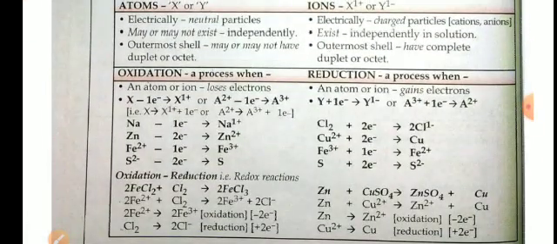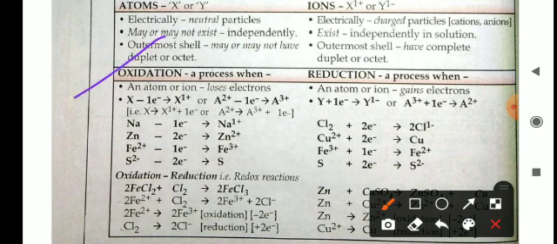Here you can see there are two conditions. In one, an element releases electrons, loses electrons, and converts into a cation, and this process is known as oxidation. When an atom gains electrons, it converts into an anion, and this is known as reduction.